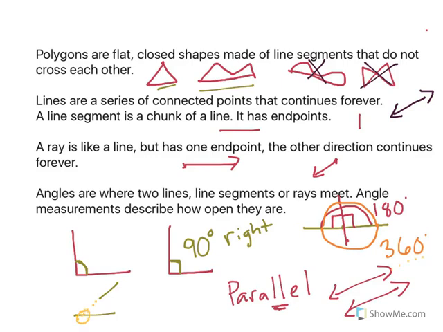But these ones could continue forever and never touch, if I had drawn them perfectly. Sometimes when you draw them as a human, your hand is not perfect, and it messes it up a little bit, but that's why we label things, right, when we say those are parallel. Okay, so hopefully this has helped you refresh your memory.